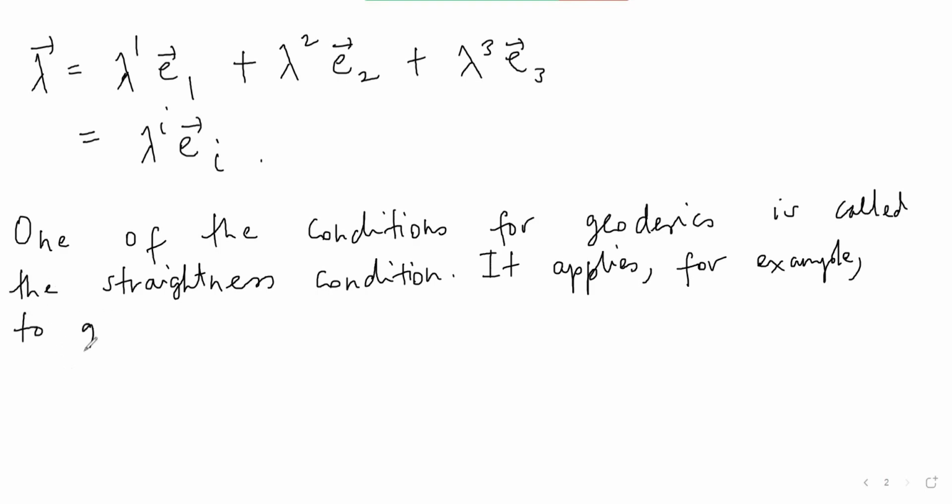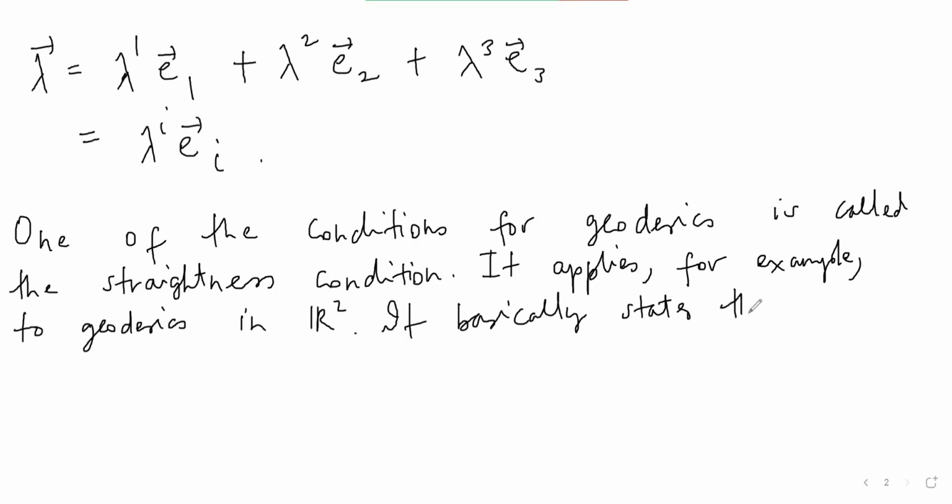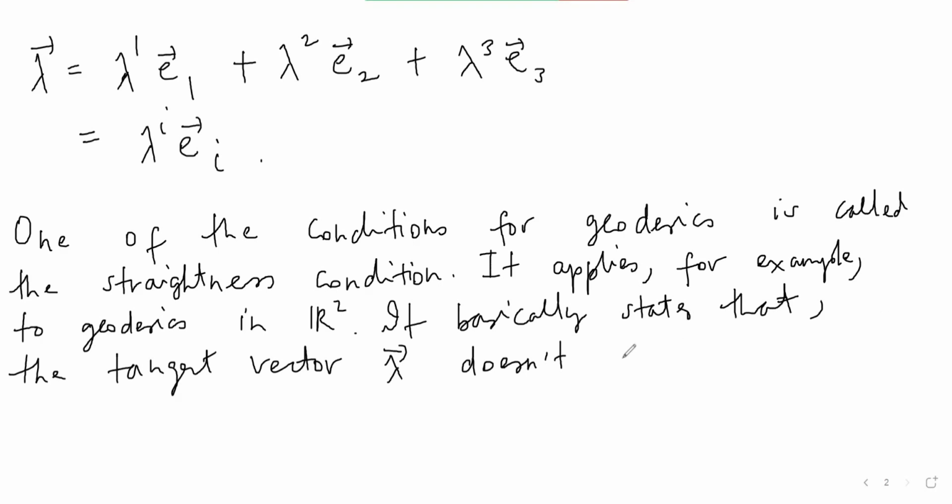It basically states that the tangent vector lambda does not change direction along a geodesic.